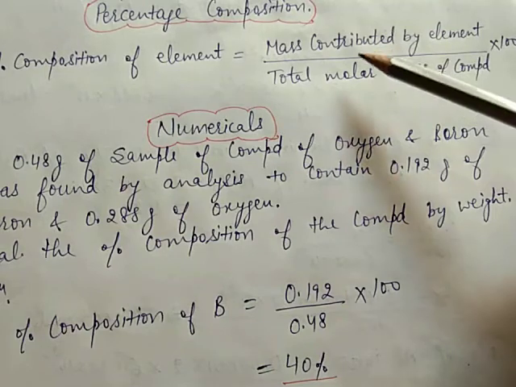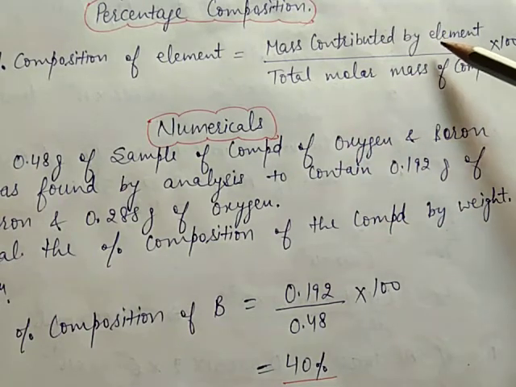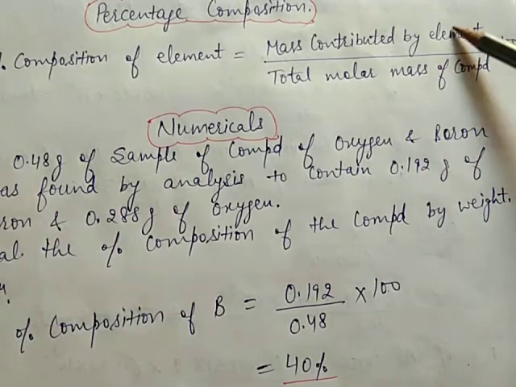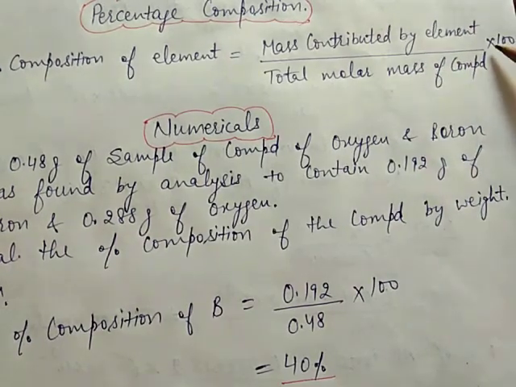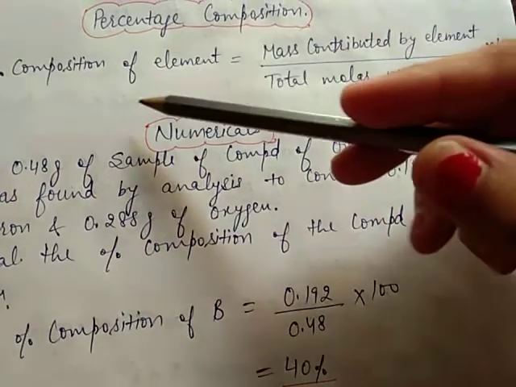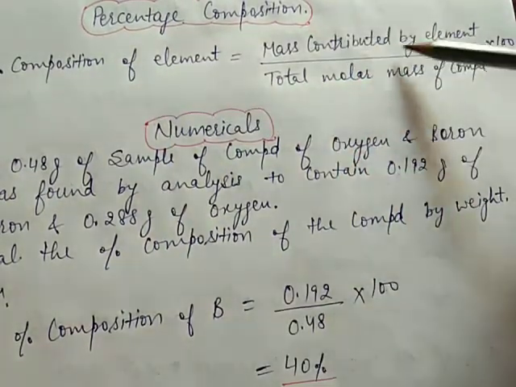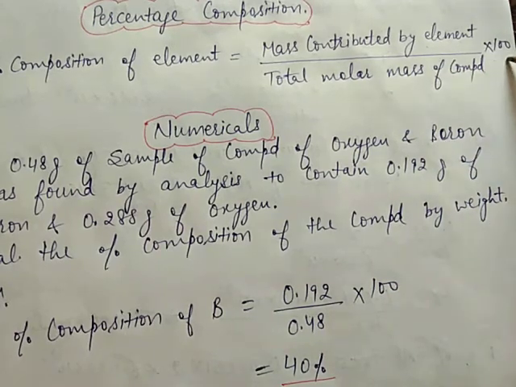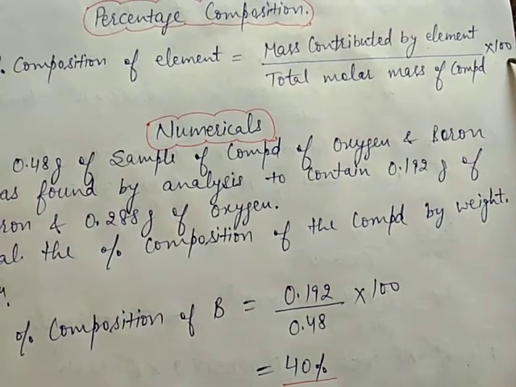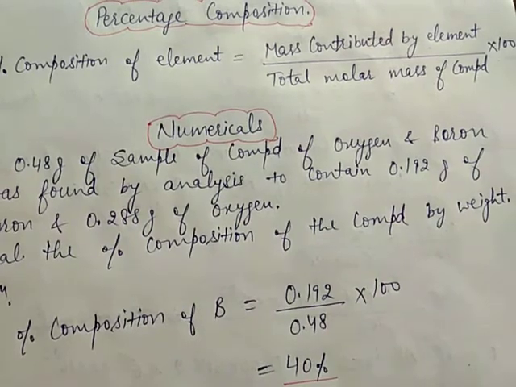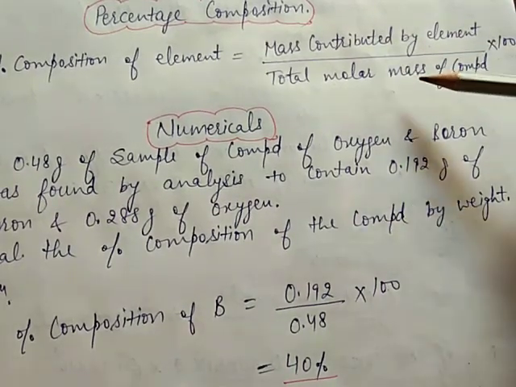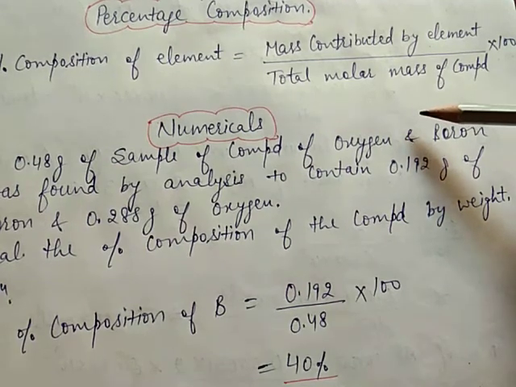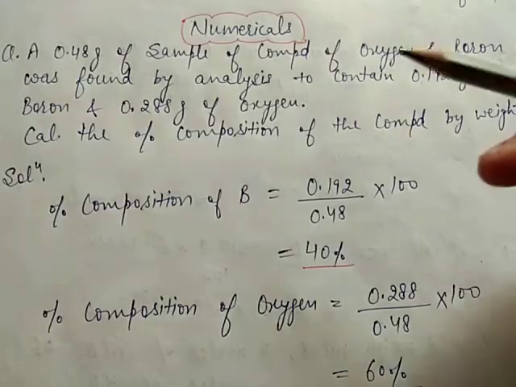It is obtained by dividing the mass of that element in a compound by total mass of the compound and multiplying by 100. This is the formula, mass contributed by the element divided by total molar mass of compound into 100. This is same as we calculate the marks of any subject.